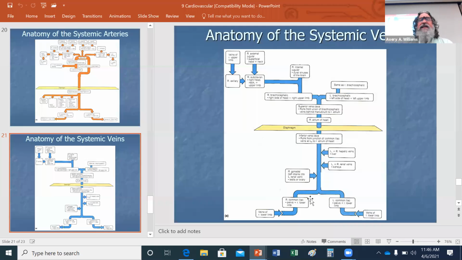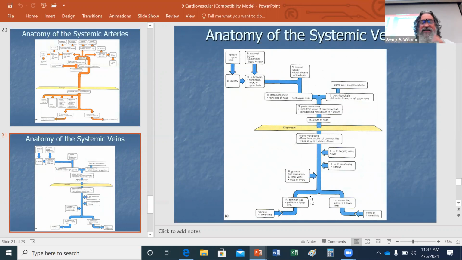Remember when I was describing veins as opposed to describing arteries. When I say the arteries split and branch into smaller branches, like branches on a tree, getting smaller and smaller, I often say this blood vessel gives rise to. Like the common iliac artery gives rise to the internal iliac artery and the external iliac artery, because they're splitting and getting smaller.